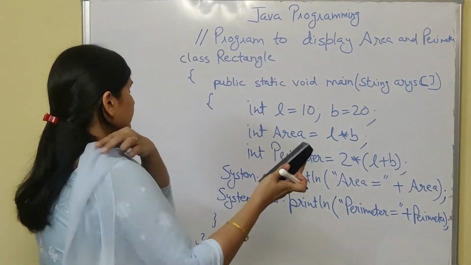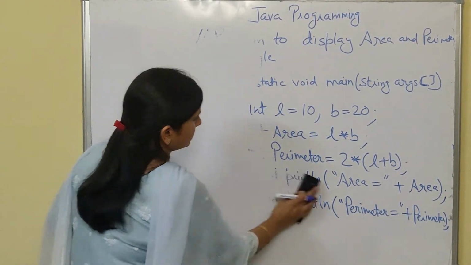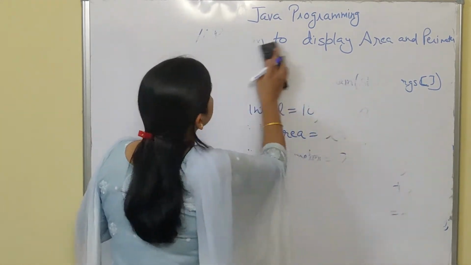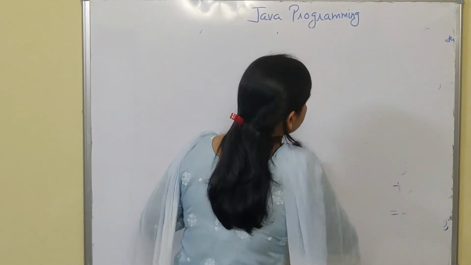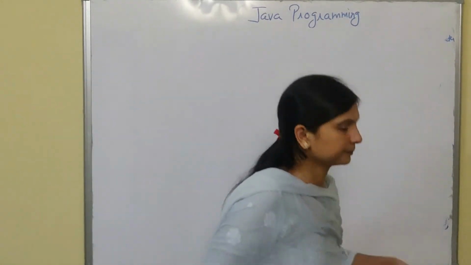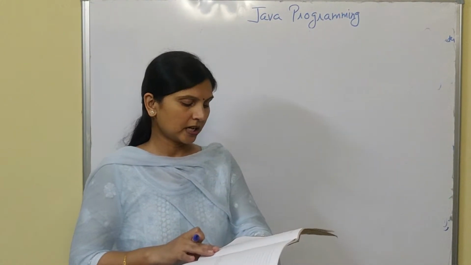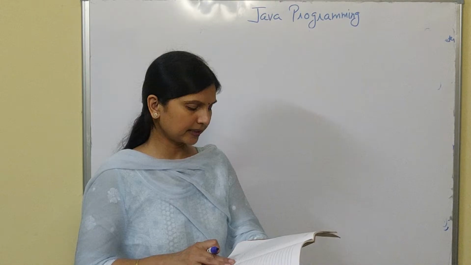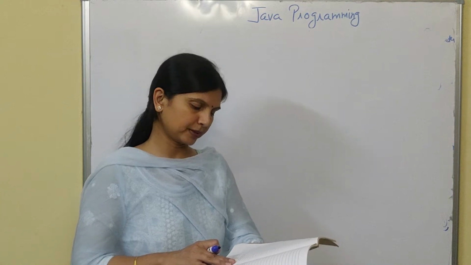Now we will discuss a few more programs. Next time I will not write this main function again, because the main function is needed in every program. So the next program is: assign into a variable on your own the cost of a computer book and print the amount to be paid if the bookseller is giving a discount of 15%.